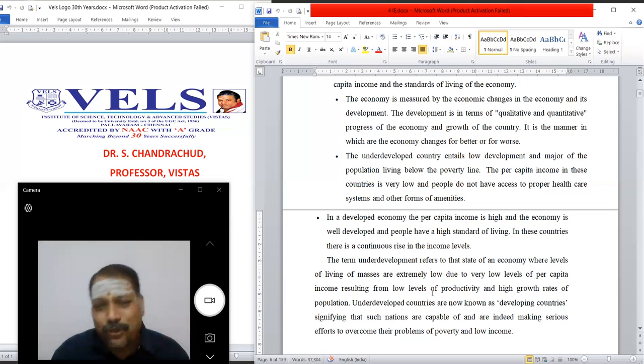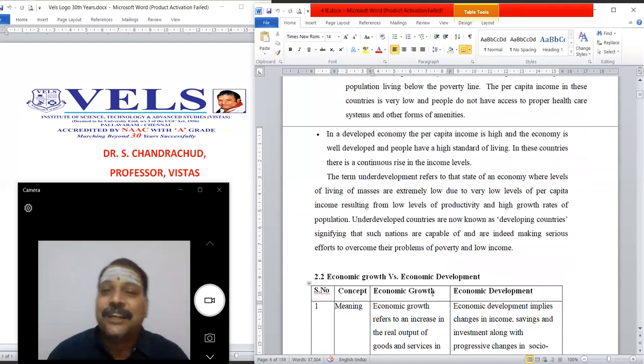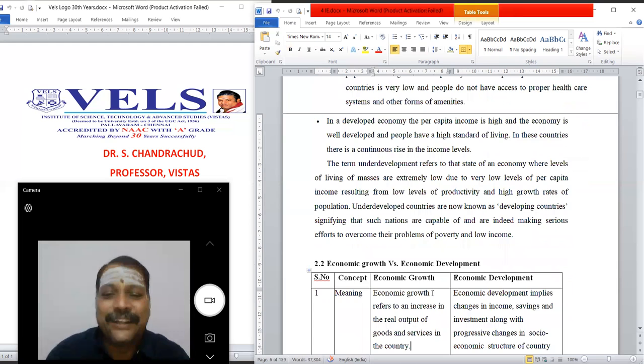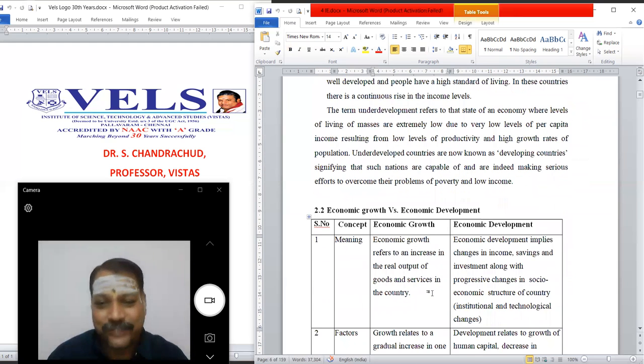So what they want to do: on one side they are controlling the population, and on the other they try to increase the productivity. So after knowing these two terms, development and underdevelopment, now we are able to distinguish the two economic indicators, economic growth and economic development.